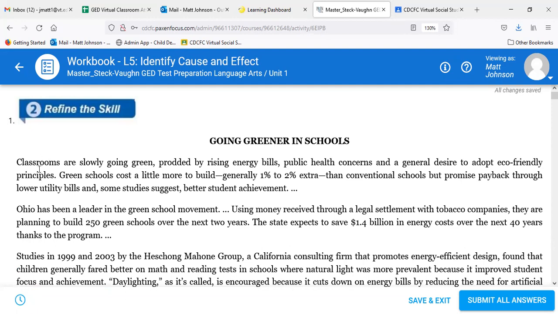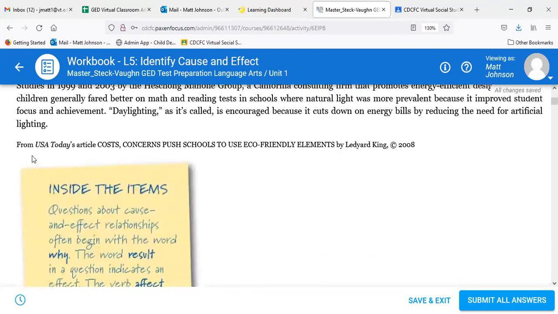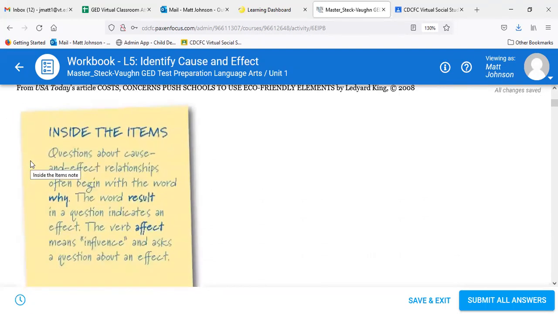Hopefully everybody else's did. And so inside the items here, questions about cause and effect relationships often begin with the word why. The word result in a question indicates an effect. The verb affect means influence and asks a question about an effect.